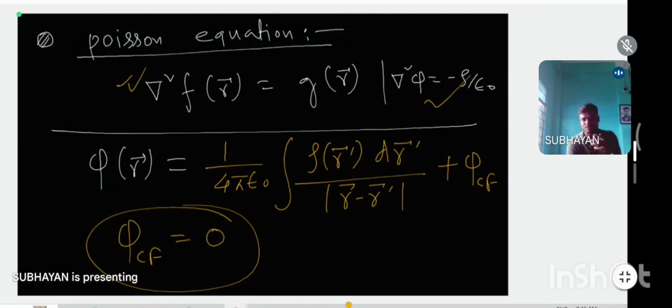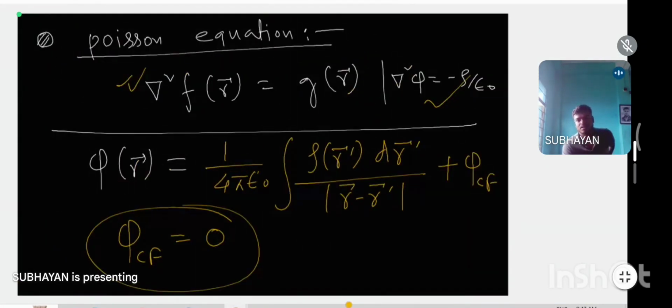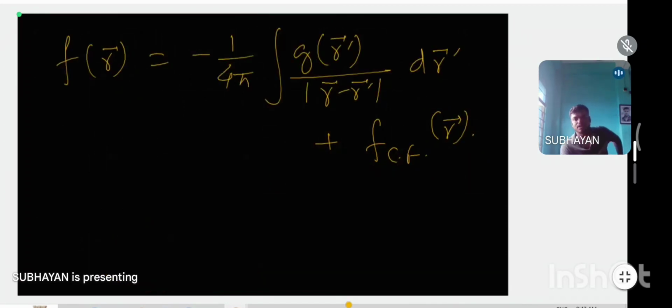This is the known solution from your Gauss's law or Coulomb's law. I have not found the direct solution from here; I have written it from the physical point of view, from Coulomb's law. Comparing it, suppose rho by epsilon naught is g of r. So here you can put rho equal to g epsilon naught, then you will find this one.